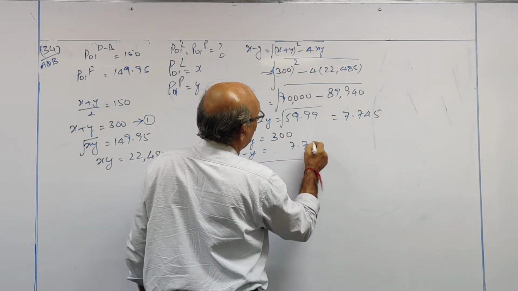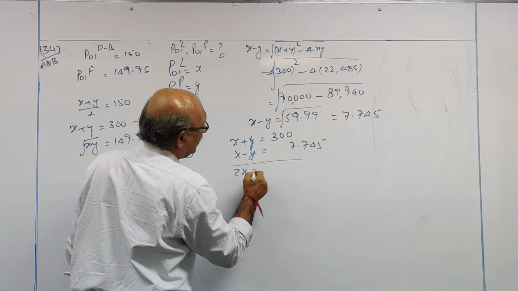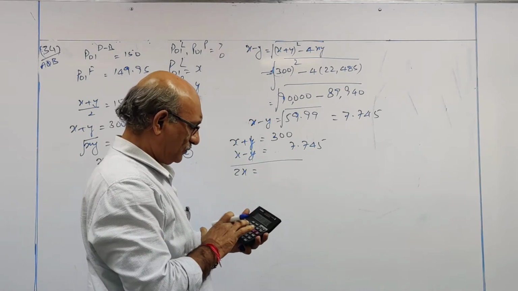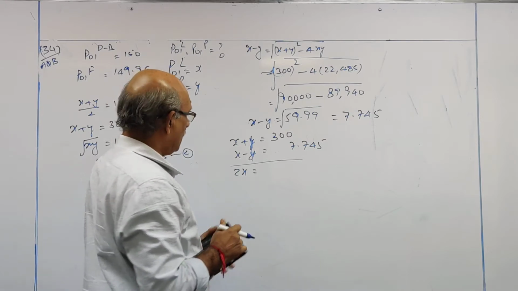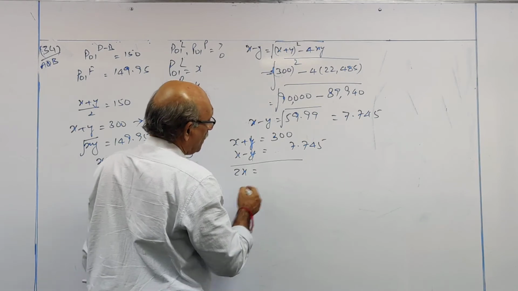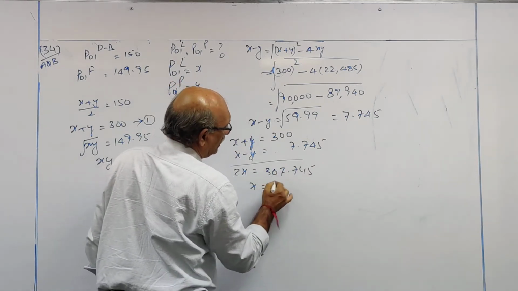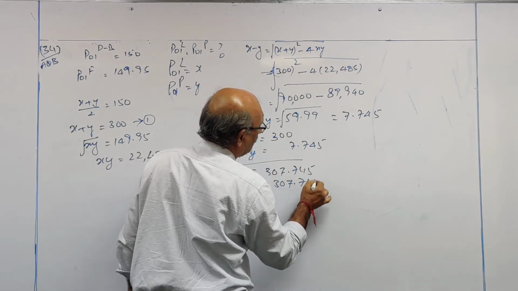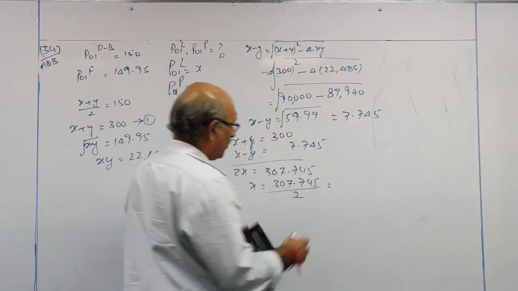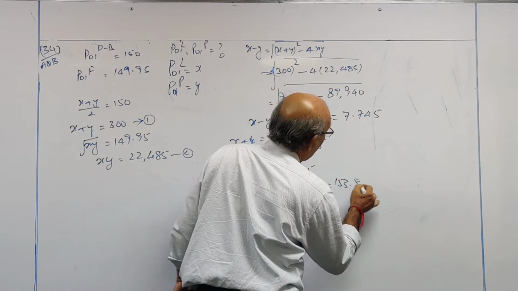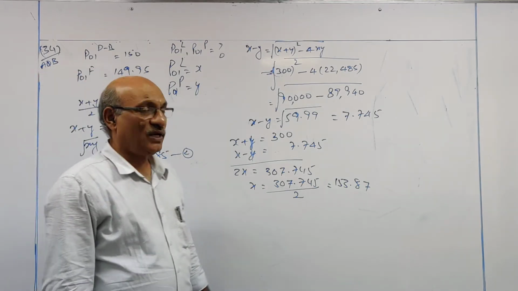Adding the two equations, 2x is equal to 307.745. X is equal to 307.745 divided by 2, which is 153.87. X value is obtained.